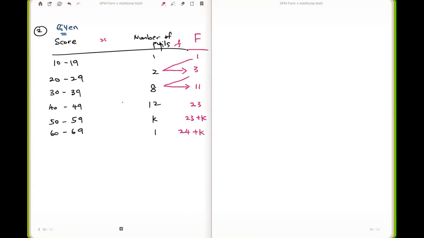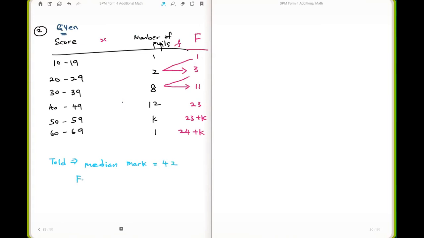Now, you were told in the question that the median mark is 42.